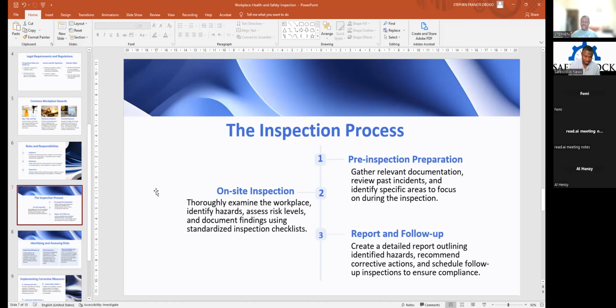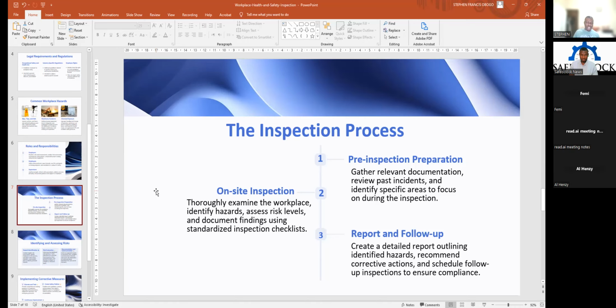So then the second step is the inspection day itself, the site inspection proper, where there will be a thorough examination of the workplace to be able to identify hazards and assess the risk level. Having identified the hazard, we have to assess the risk level and document our findings. And we all know how it works.